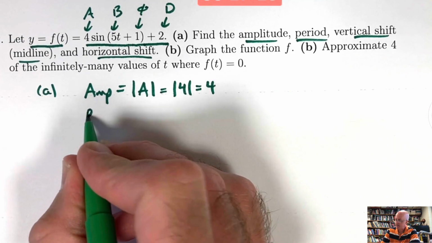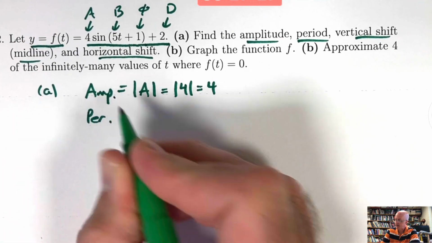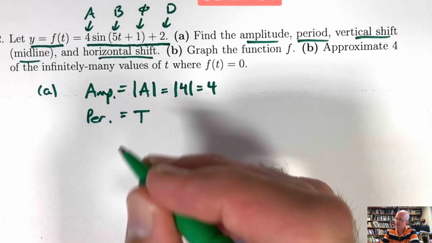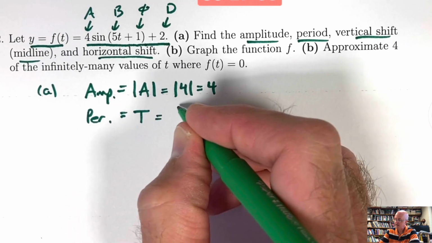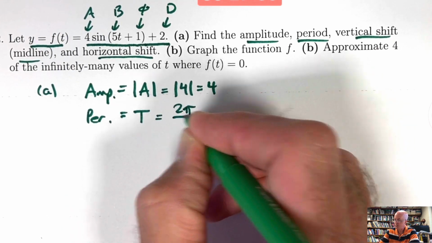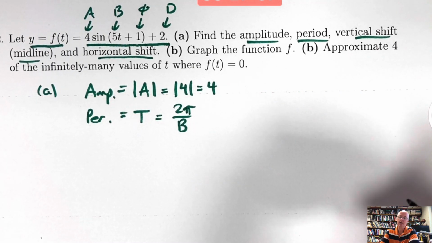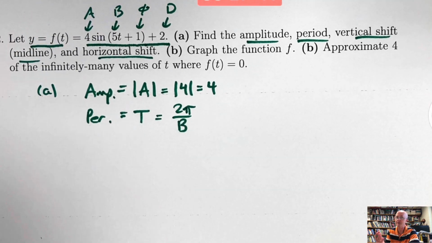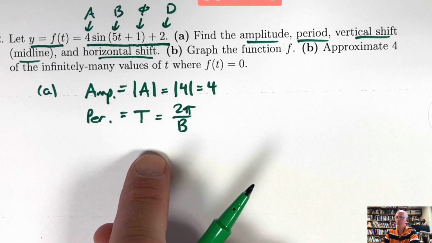The period is the next thing here, often called T. You don't see a t there, but it's often called T. It turns out to equal 2 pi over b, and that's related to the fact that the sine or cosine function, a plain sine of t or cosine of t, has period 2 pi. This is also sometimes called a wavelength.